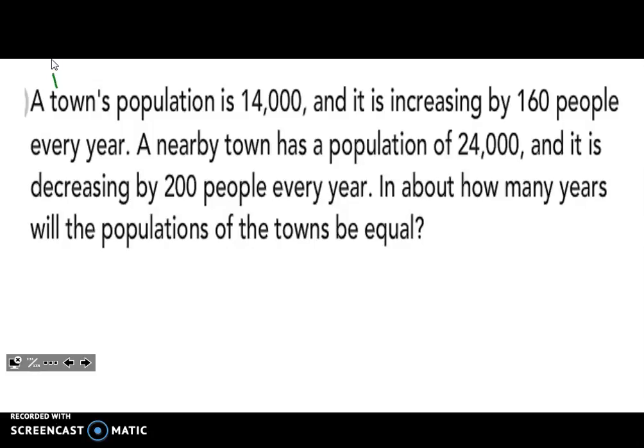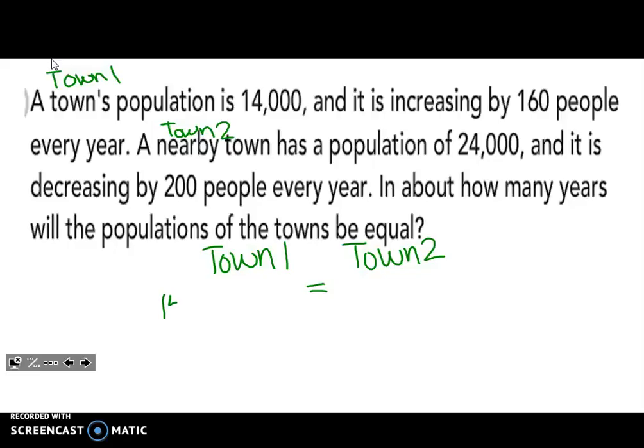So we have town 1. And then we have the nearby town, which is going to be town 2. So I'm going to compare town 1 to town 2. Town 1's population is 14,000, and it's increasing.